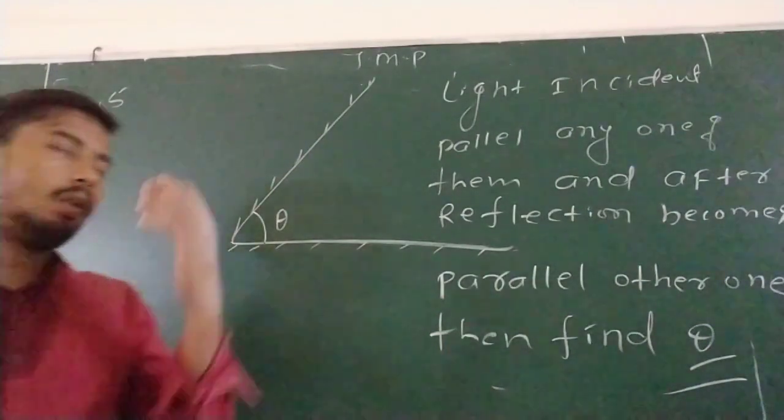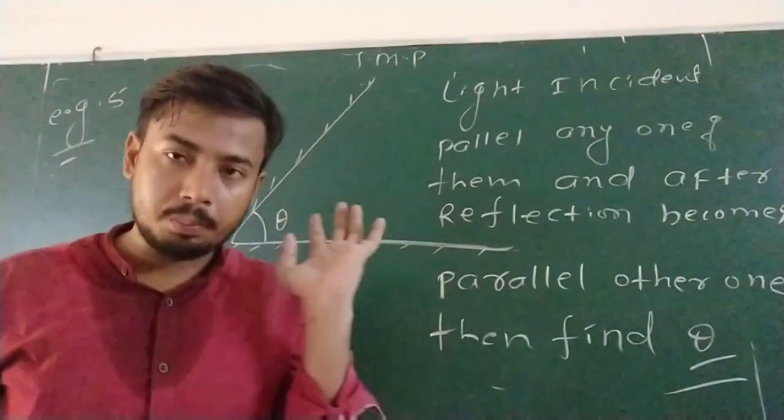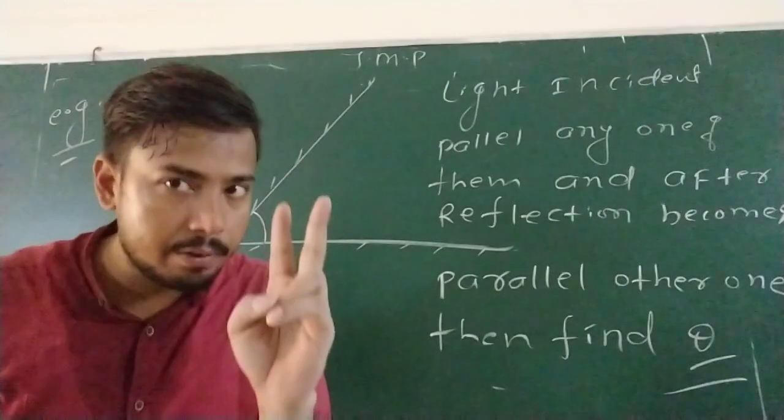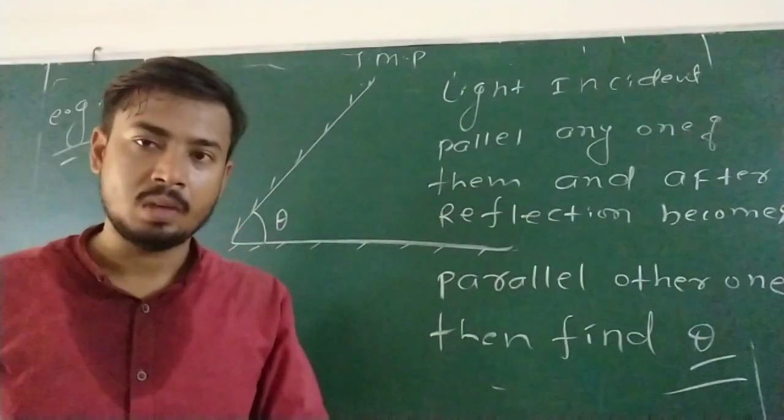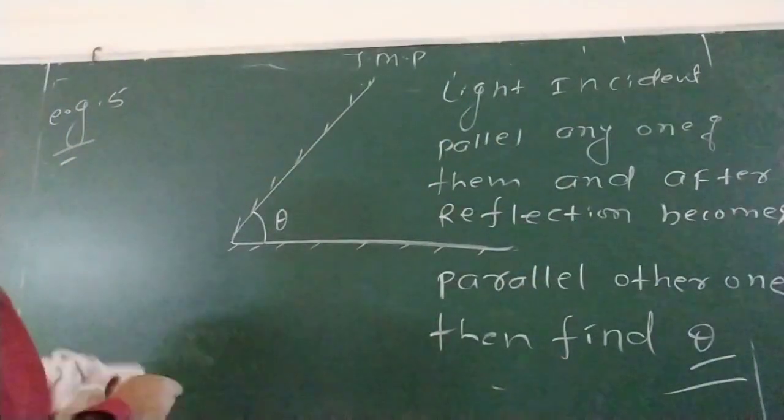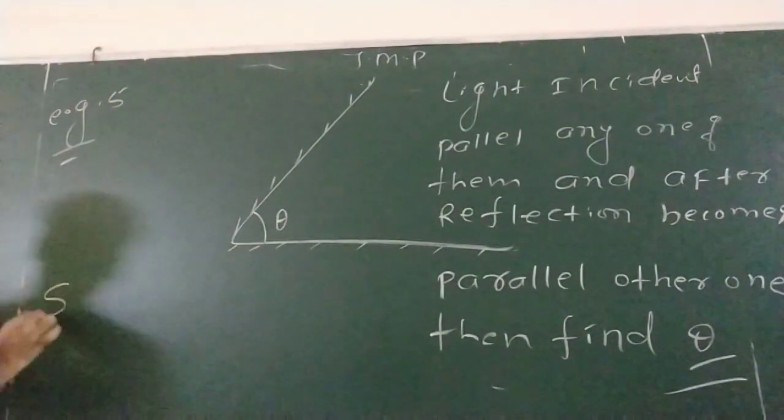It means light will be incident on any one mirror parallel to one of them, and after two successive reflections it becomes parallel to another one. So very simple, you can see here. Check the solution.